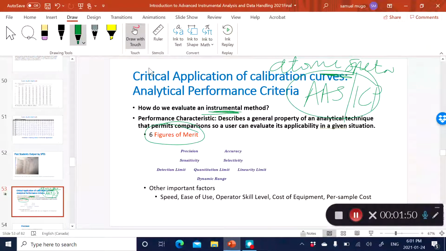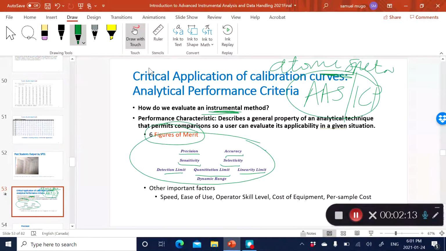The six important and often quantitative figures of merit include precision, accuracy, sensitivity, selectivity, quantification limit, limit of detection, limit of linearity, and dynamic range.